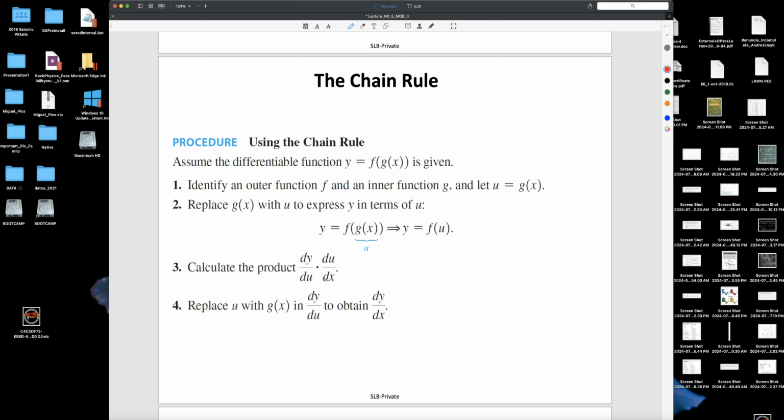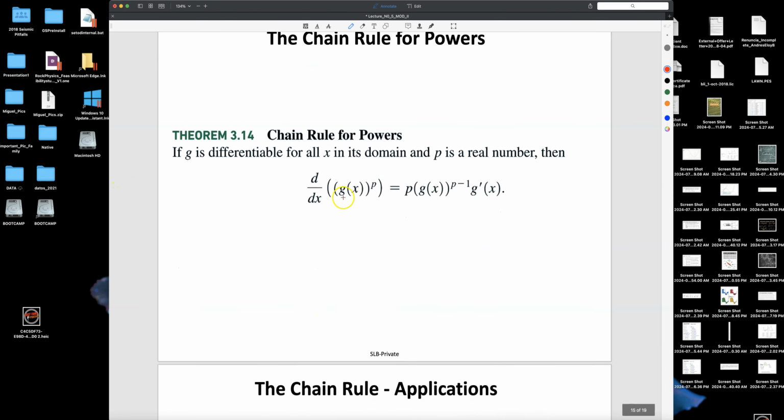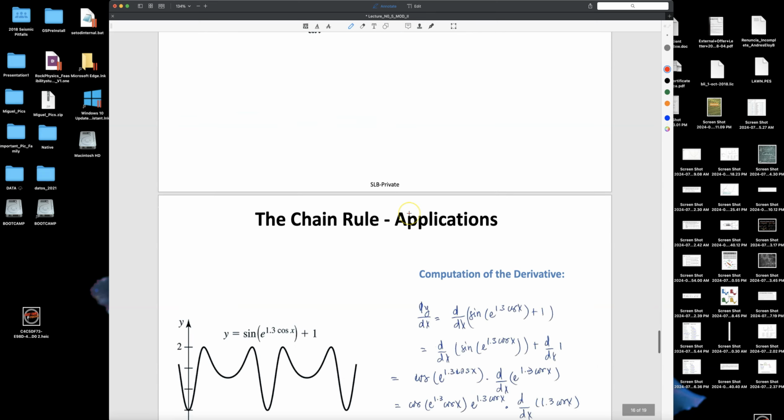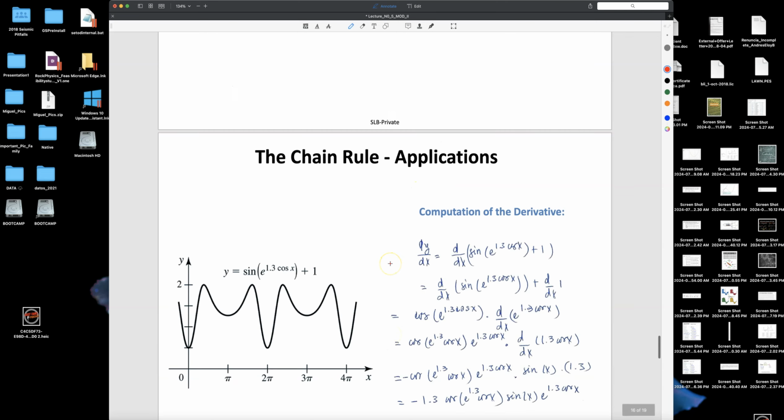Okay, so that's basically the rule. Then we have this corollary from here that is very easy. I'm not going to go through this because it is just a derivation of the rule. If you know the rule, you're going to be able to do this. That is not a problem.